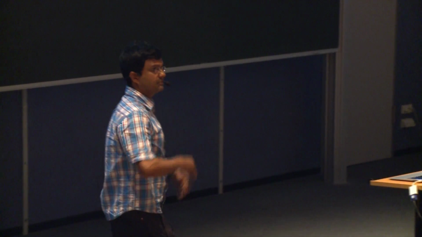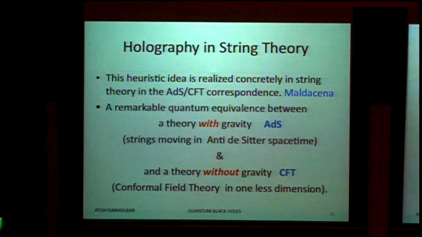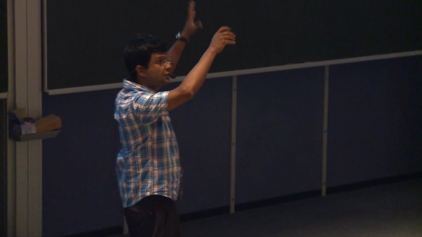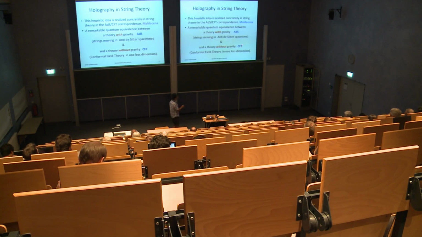It's the analog of a sphere, but maximally symmetric with a negative cosmological constant. This is called AdS, and the CFT is the conformal field theory in one less dimension. The anti-de Sitter space has a boundary, and much like people imagined with the holographic principle, this conformal field theory is somehow associated with the boundary.